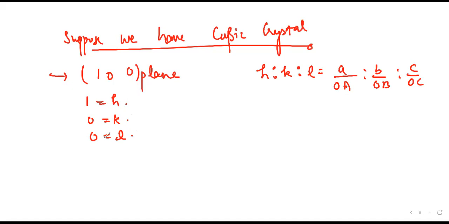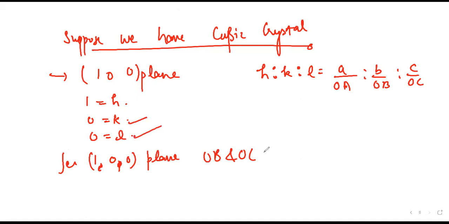For the 1, 0, 0 plane, no zero will come here with a comma. OB and OC, this will be along OB, this will be along OC, should be infinite. How? Because 1 over 0 will be equal to infinity. 1 over OB will be equal to infinity. 1 over 0 will be equal to infinity.